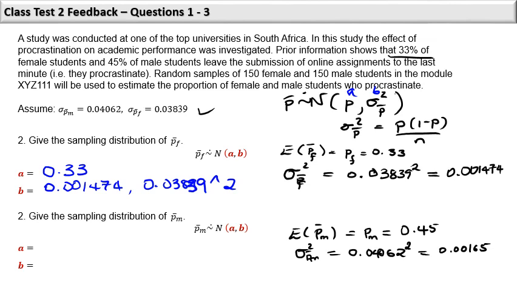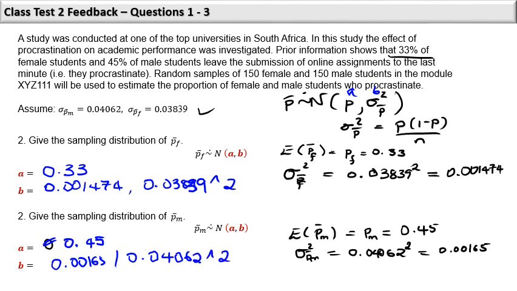All right, now with that being said, we can put our answers as you would have put them on ClickUp. So on ClickUp you would have gone and written that your A is 0.45, and then your B is 0.00165, or some of you may have written it as 0.04062 to the power 2.